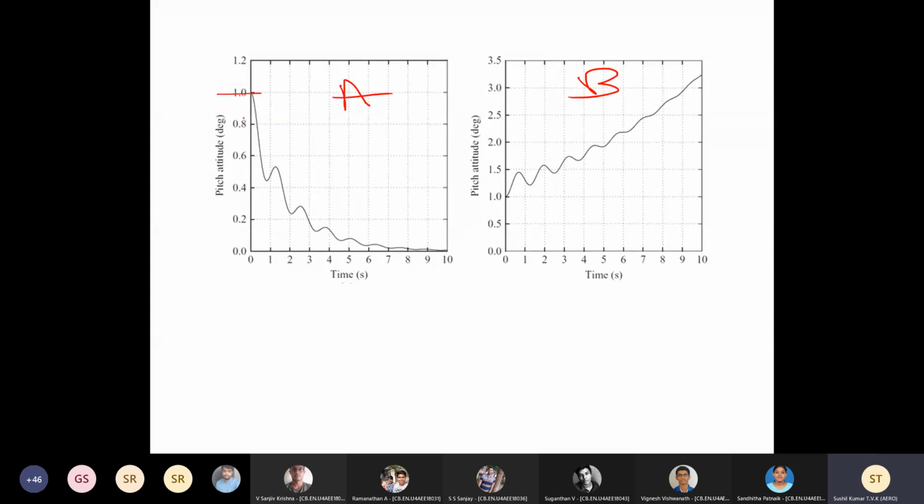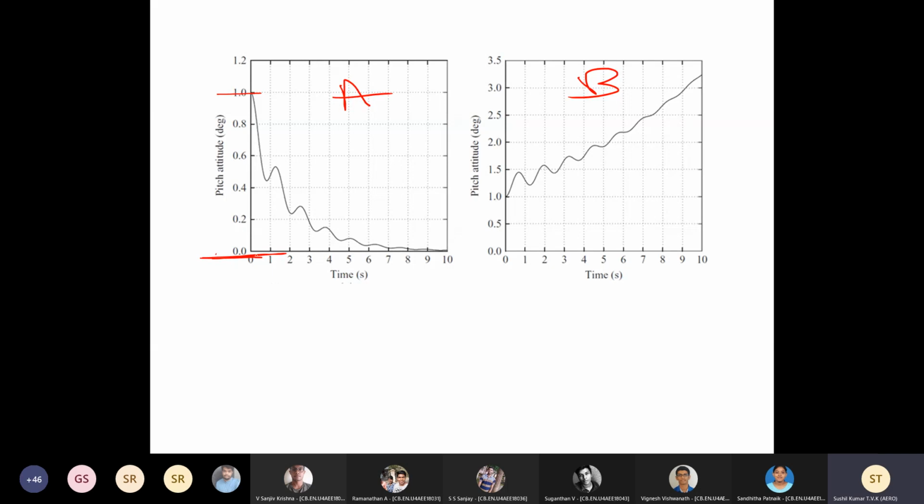Some disturbance has been given and I want to reach this point. So 0 actually is my equilibrium condition. Before that something happened, and then I would like to come back here. So which is statically stable and dynamically stable out of these two responses?